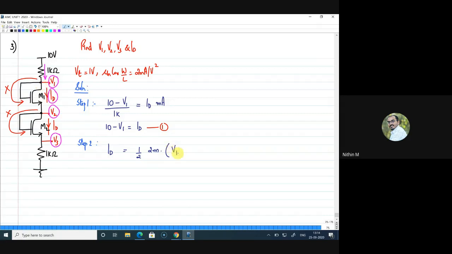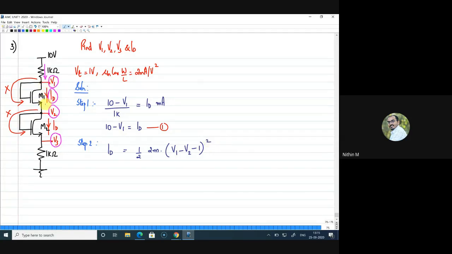So V1 minus, what is S? Vs. Vs is the source of M1, that is same as V2, the gate of M2. So V1 minus V2, which is VGS, minus VT. What is VT? VT is 1, the whole square. Right, are you getting what I'm writing here? So I'm writing the drain current equation of transistor M1.